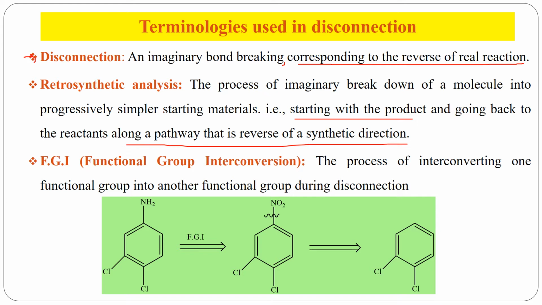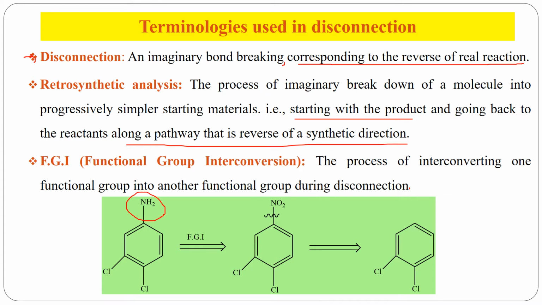FGI, functional group interconversion, is the process of interconverting one functional group into another during disconnection. It is sometimes necessary, as there are some functional groups which cannot be directly disconnected, as given here. Here it is NH2.